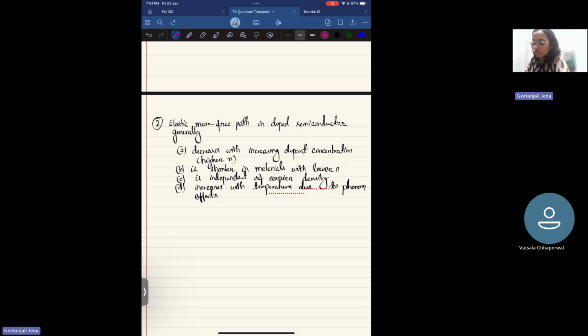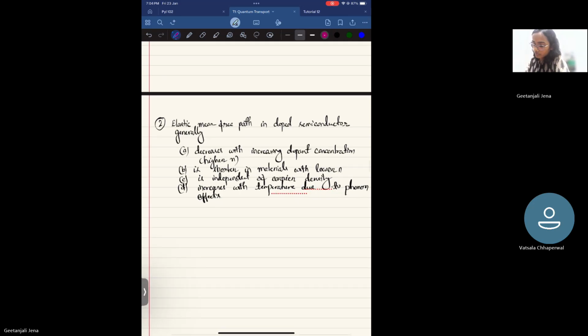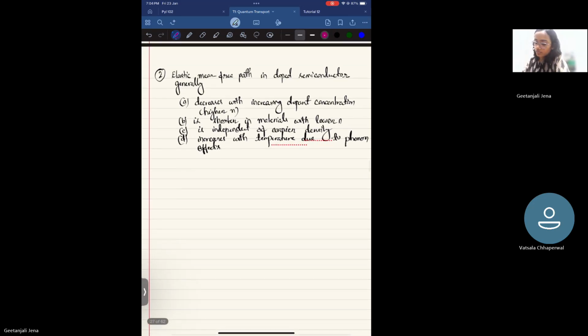So what will be the correct statement about the elastic mean free path? Can you guess the correct answer?